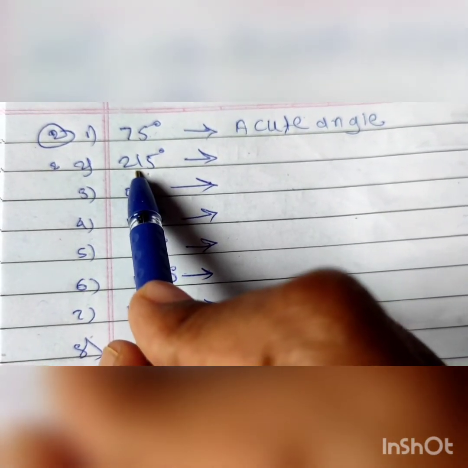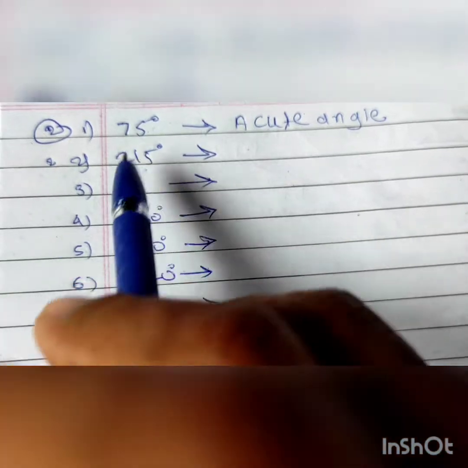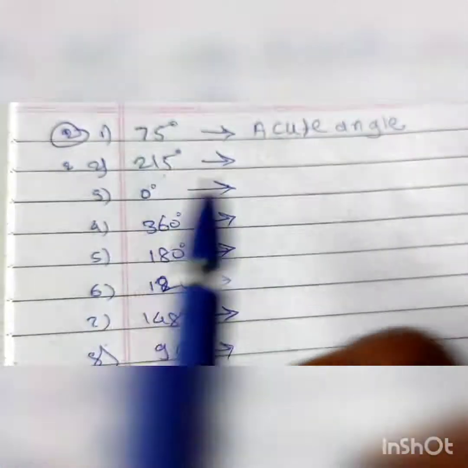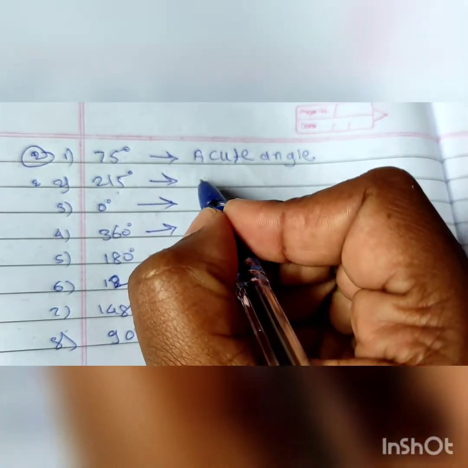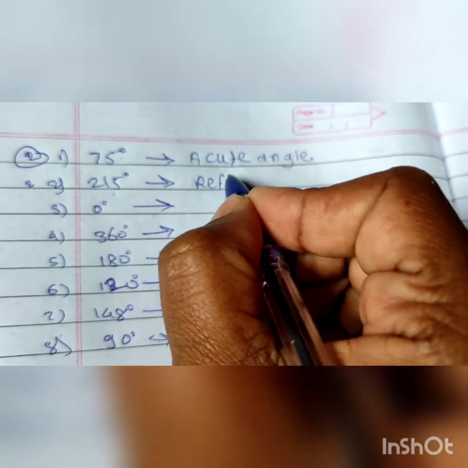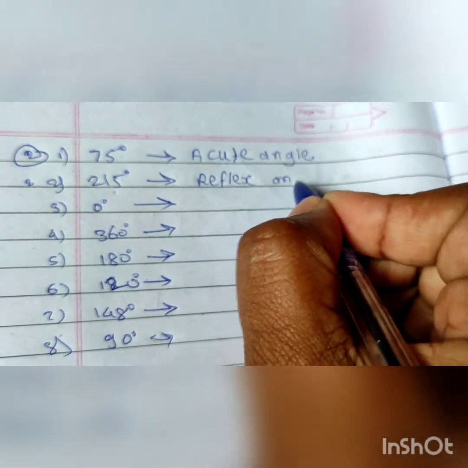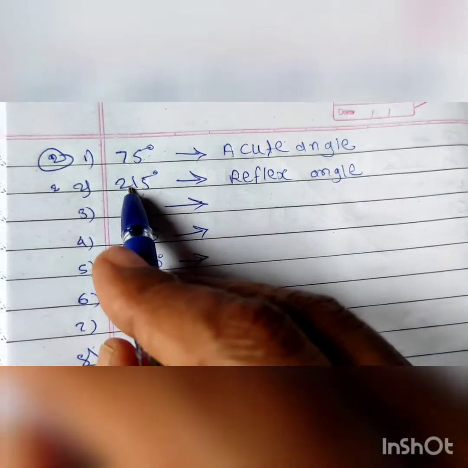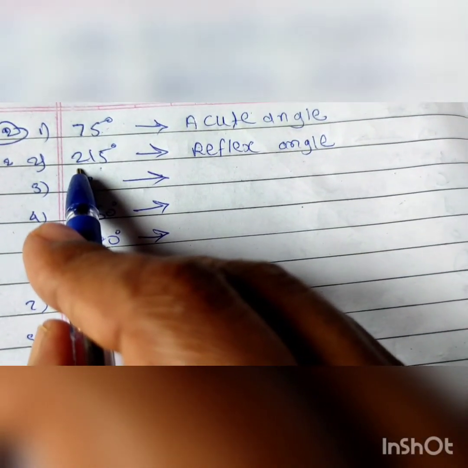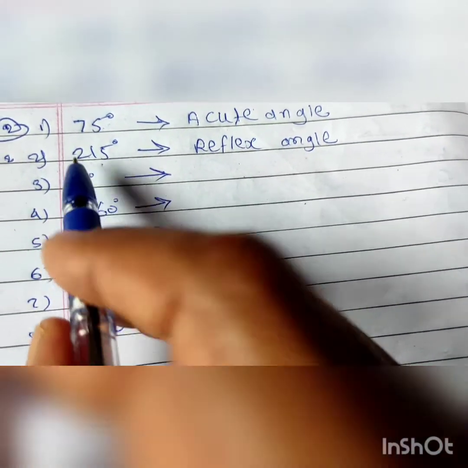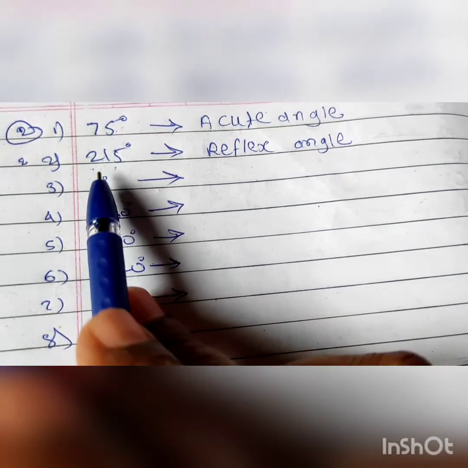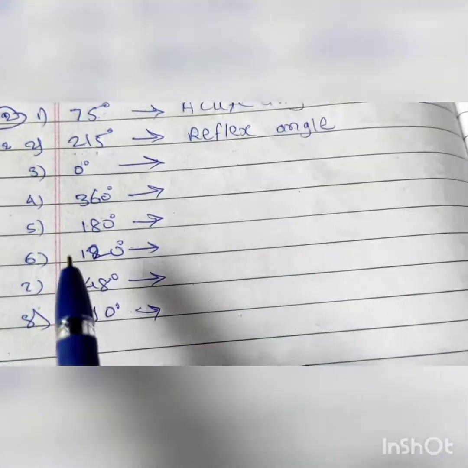215. This is called reflex angle. Reflex angle because the angle which is more than 180 degree and less than 360 degree is called reflex angle.